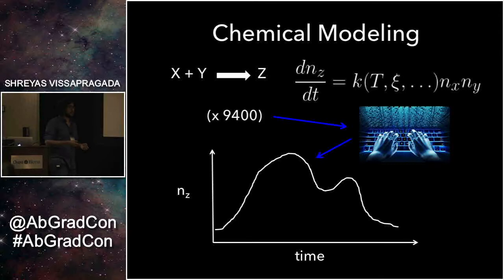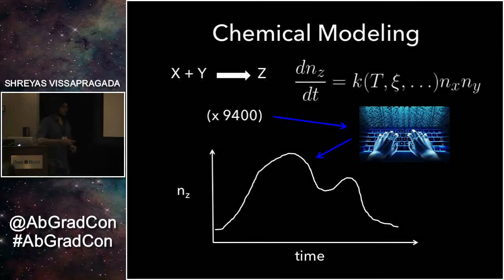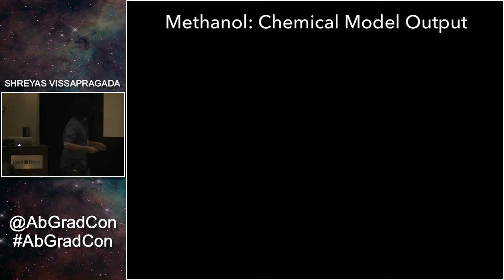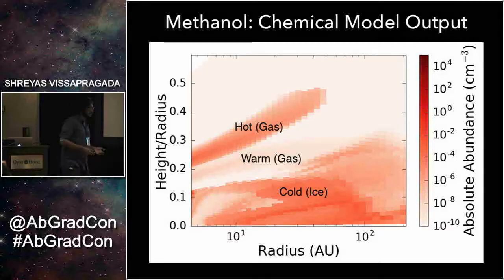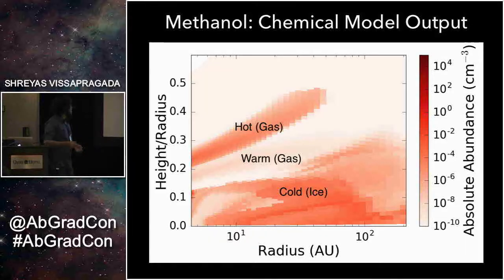And doing so allows us to kind of see the chemical structure of the disk on a large scale. So what does that look like in practice? I'm sure people don't really care about the methodology. So in practice, this is what it looks like for methanol. Again, you're looking at a radial slice of a disk, so radius on the x, height on the y, and the color scale is the number density of methanol.